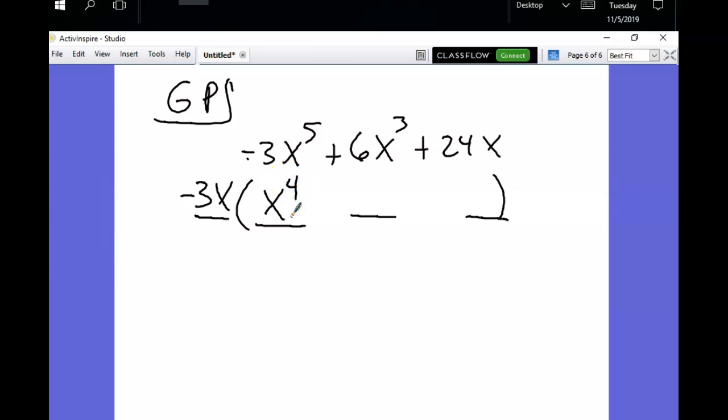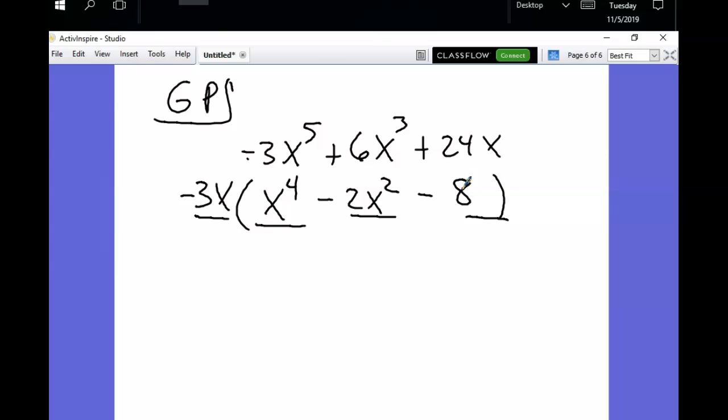Okay. Plus 2x to the second. Yes, but I'm going to say minus 2x to the second, because we're dividing by a negative 3. Minus 8. And then, Jonathan, what'd you get at the end? Close. Negative 8. Yeah. Okay.